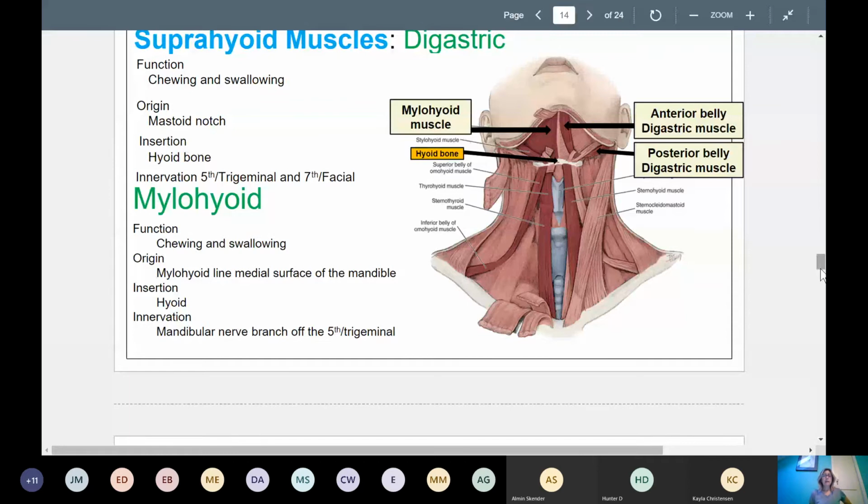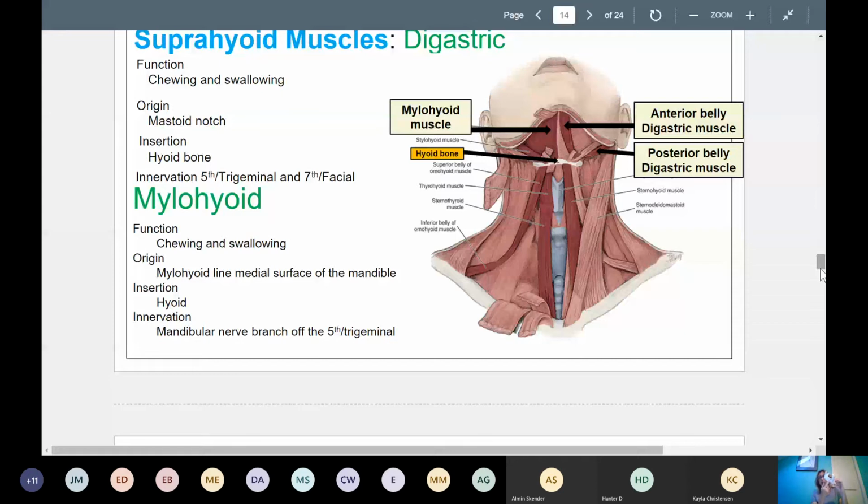The mylohyoid muscle is underneath your chin area here. And its origin is the mylohyoid line on the medial surface of the mandible. So if you remember looking at your mandible, you had this mylohyoid line.